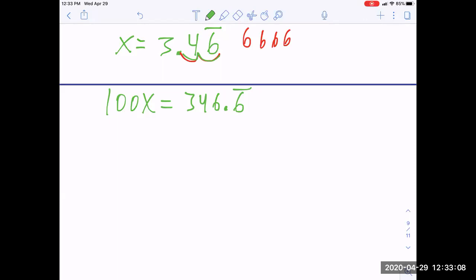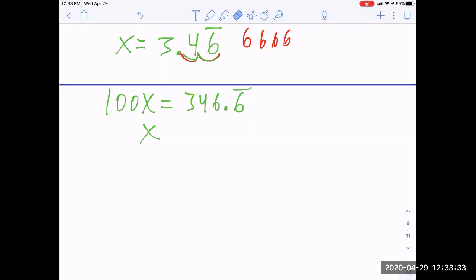Now, this is important. I can't subtract x. If I just put x in there, I get 3.46. I'm not lined up. I can't subtract and get rid of this repetend. So I have to do it differently.